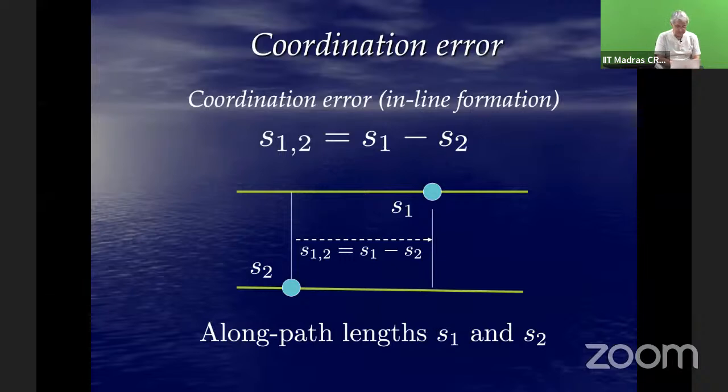Well, let's look at two vehicles. S normally denotes the length that the vehicle traversed along the path. So suppose you have one vehicle already on top of the path, the other one on top of the path, and this one has gone by S1, this one by S2, so the difference is S1 minus S2, right?